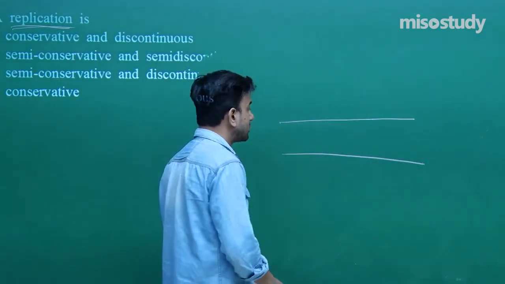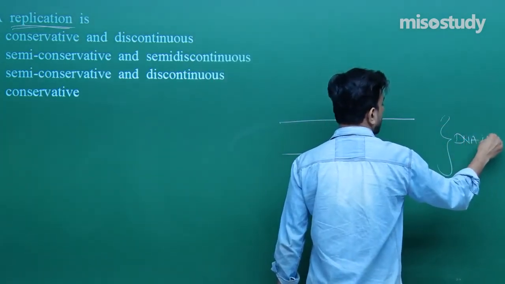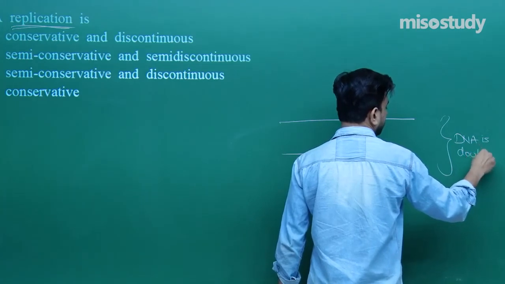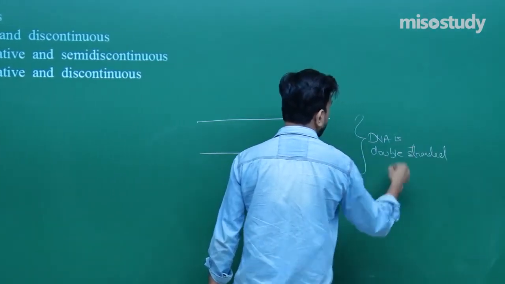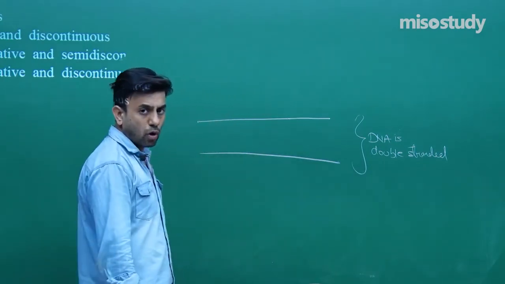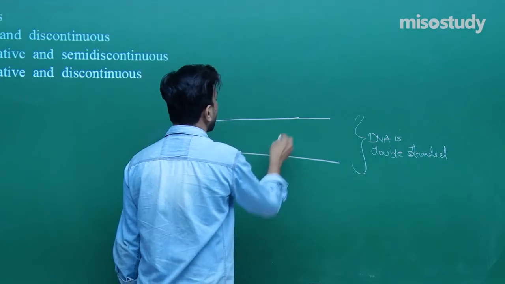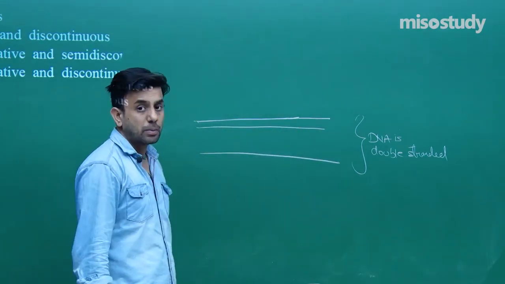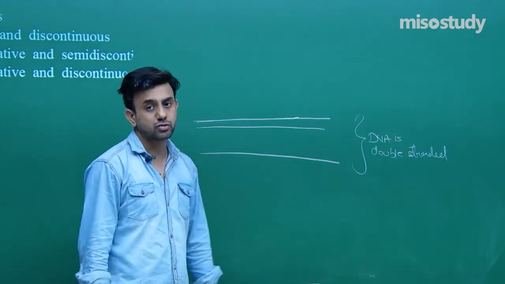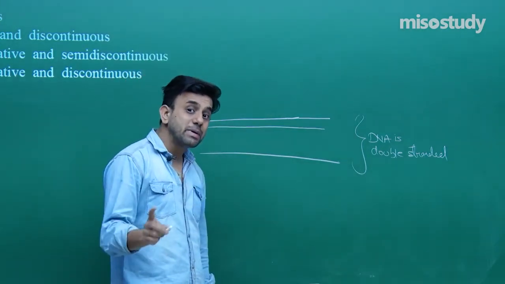One of the strands will act as the parent strand, and there will be the daughter strand, with bases complementary to that parent strand. So, always the semi-conservative nature.